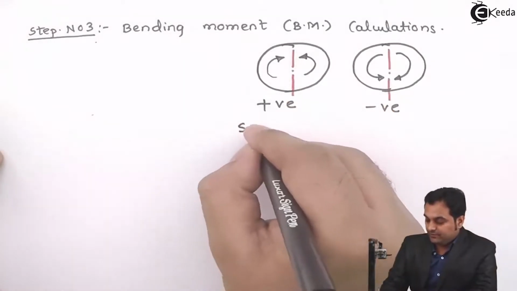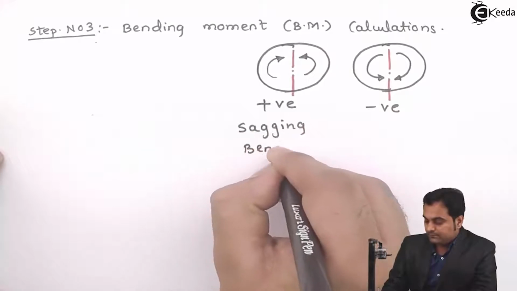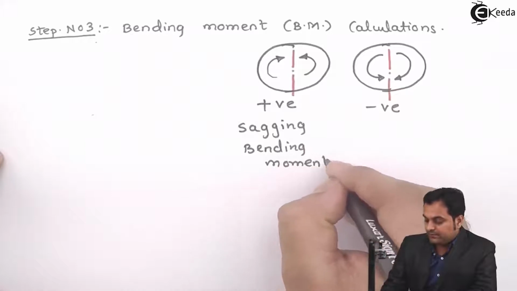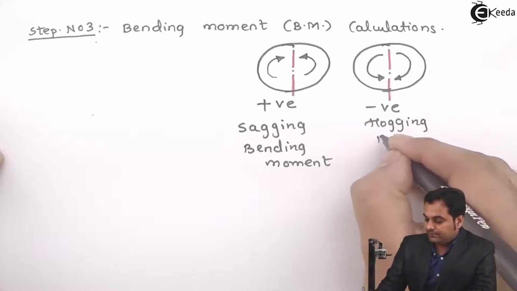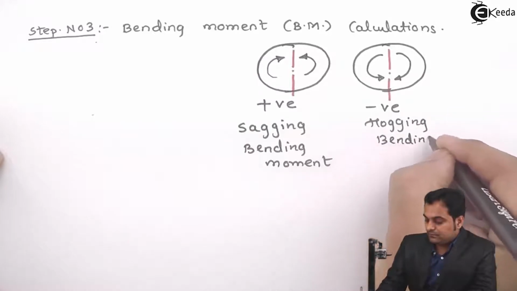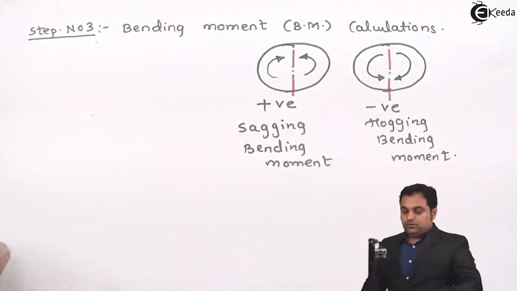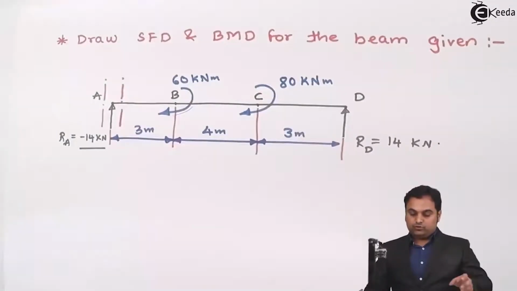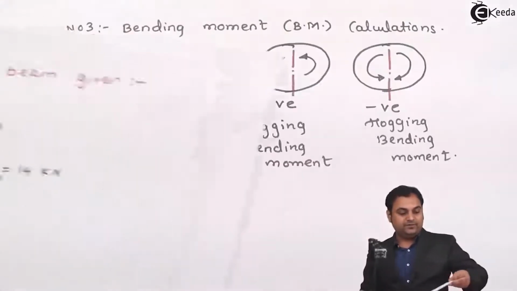This positive bending moment is also called sagging bending moment, and negative is called hogging bending moment. Now, as we see here, it is a simply supported beam. So the bending moment at A and D will be zero because they are simply supported.